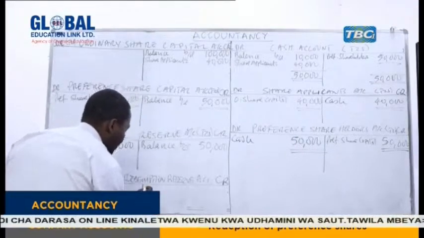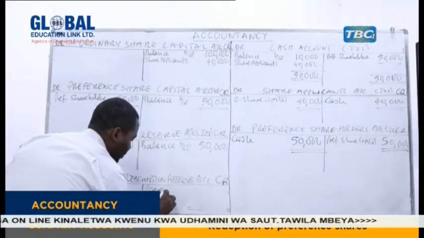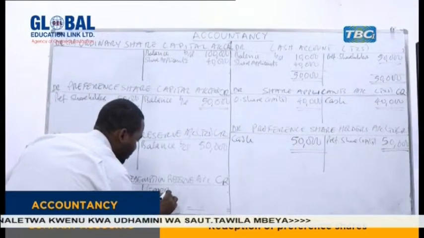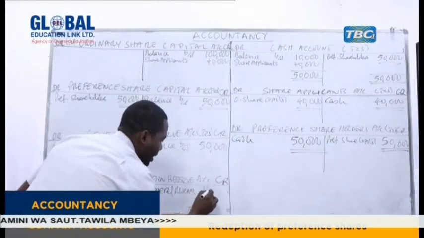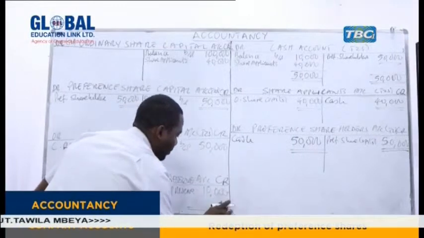Yes, it comes from general reserve, that is 10,000. Okay.